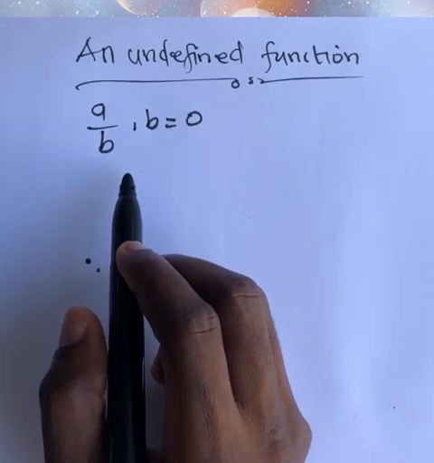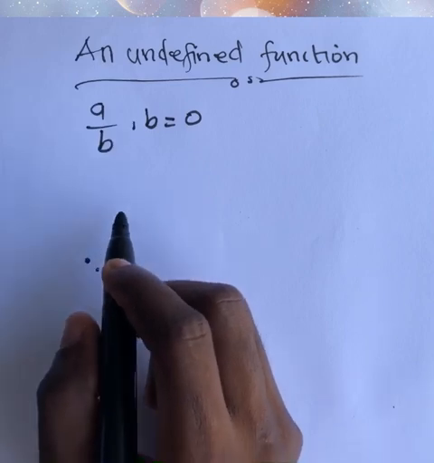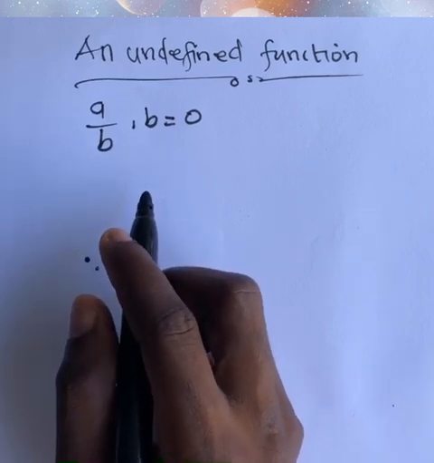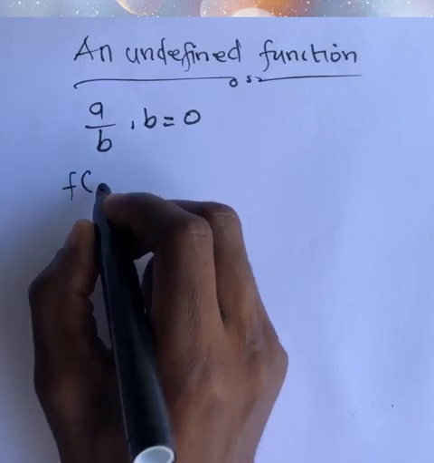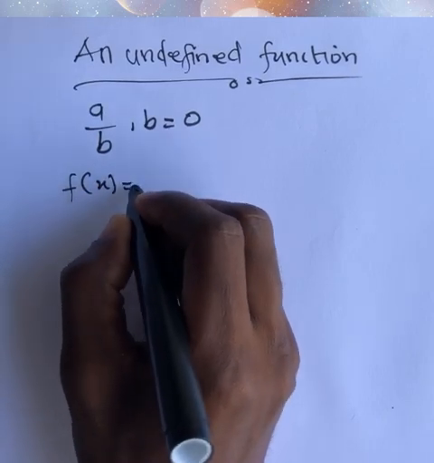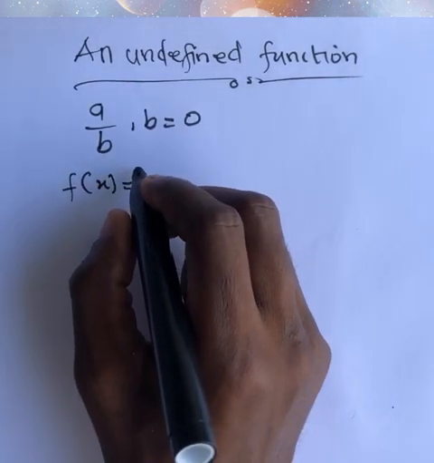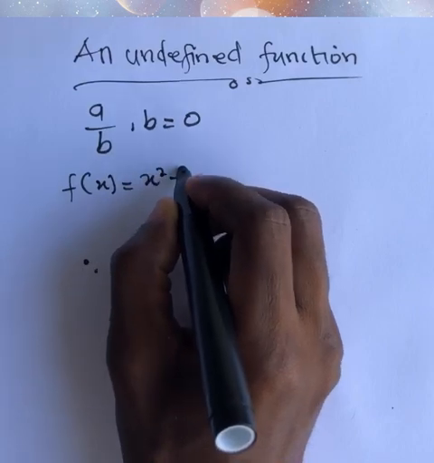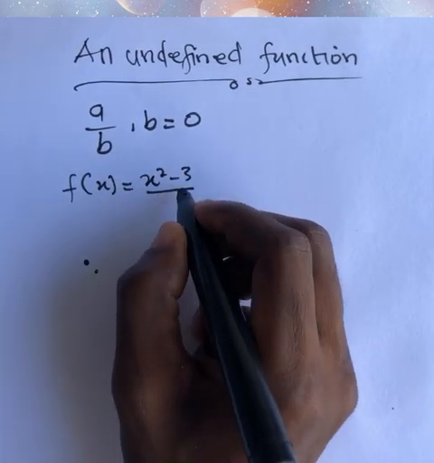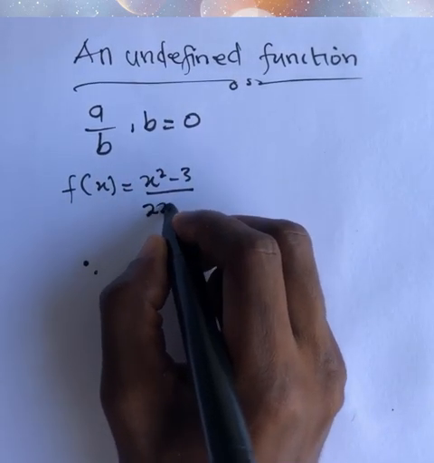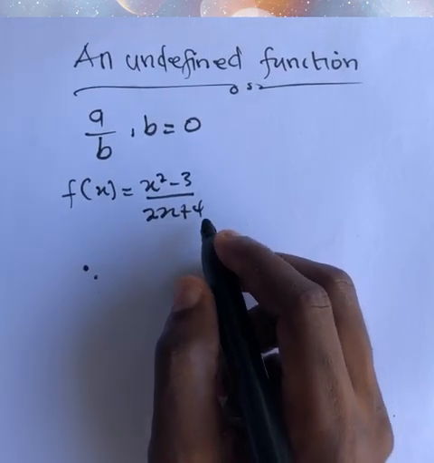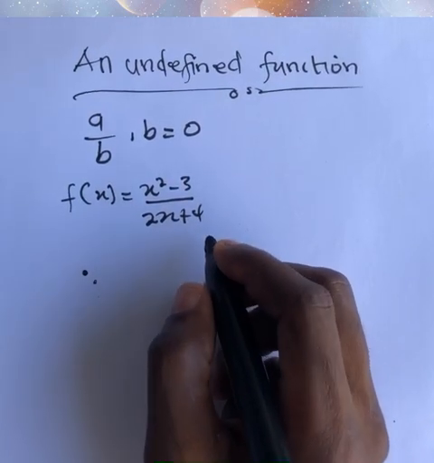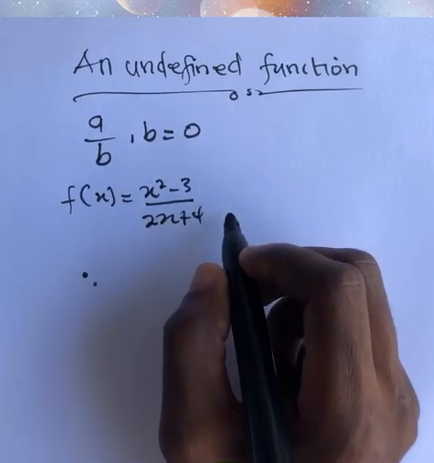All right, now let's look at an example. If I have f of x equals x squared minus 3 over 2x plus 4.